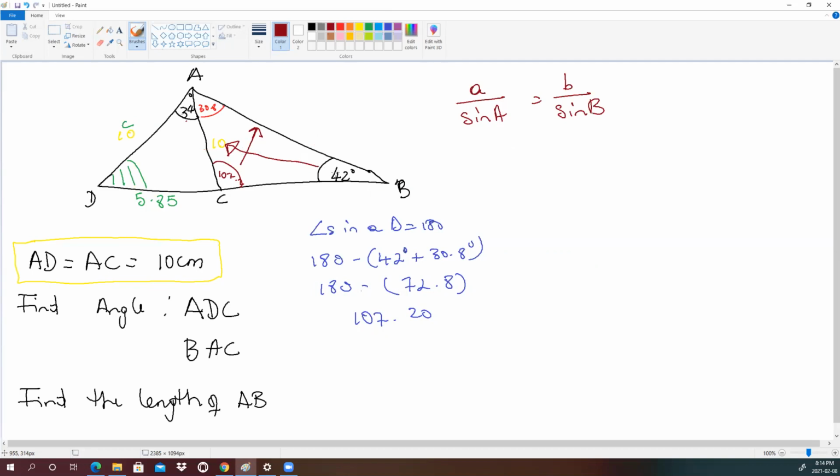So we could use the sine rule now. We have 42, this angle, and this is the corresponding side, which is 10. And we now have this angle opposite to AB, and we can use that to find AB.